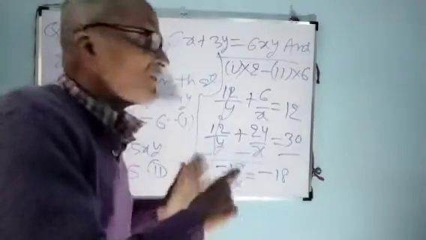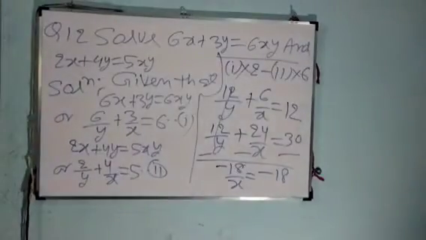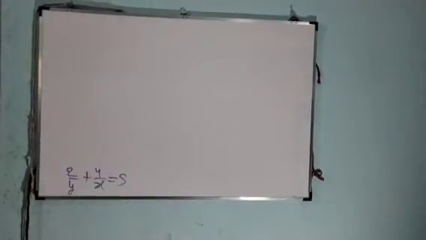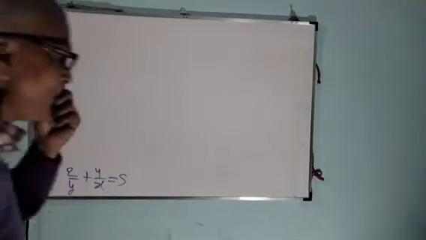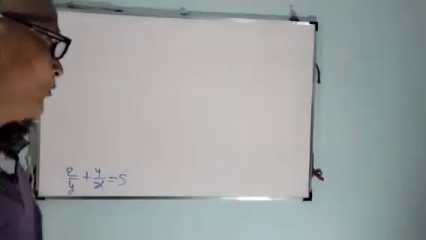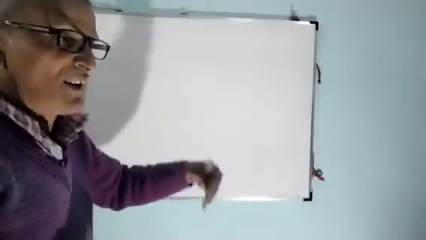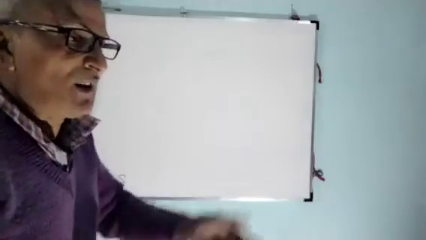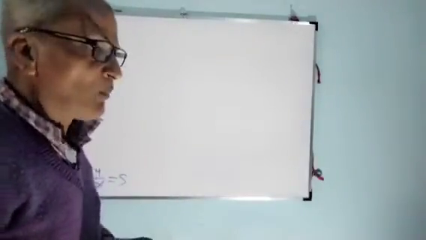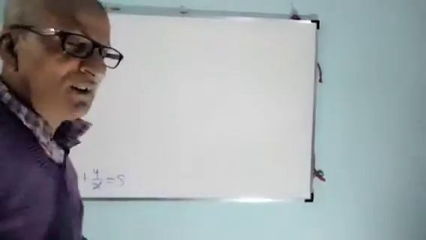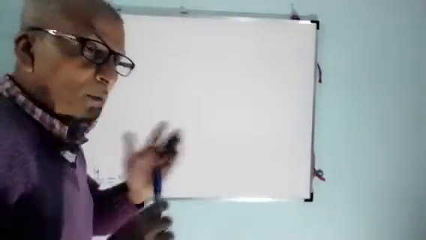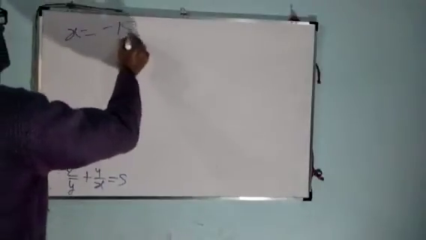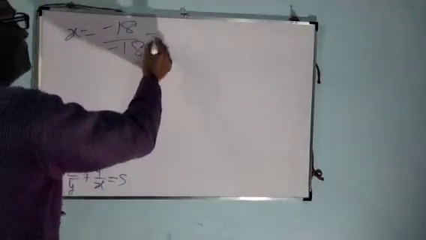Then I will write the next step. We take x to the right hand side, and it will become a division, and we take minus 18 of the RHS to the left hand side, and we have x is equal to minus 18 by minus 18, which is equal to 1.